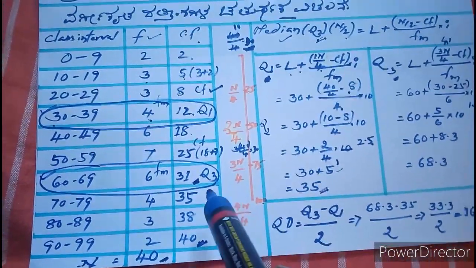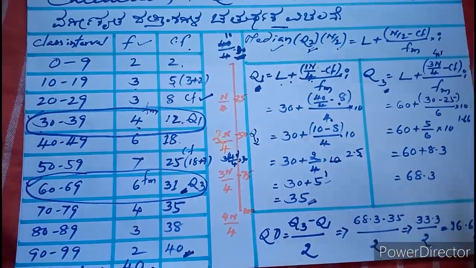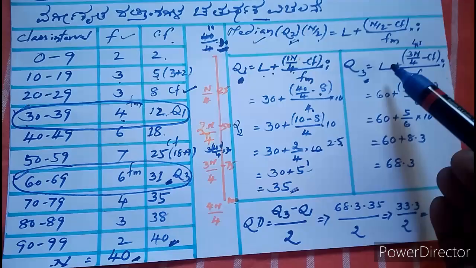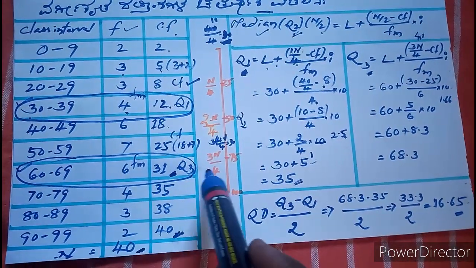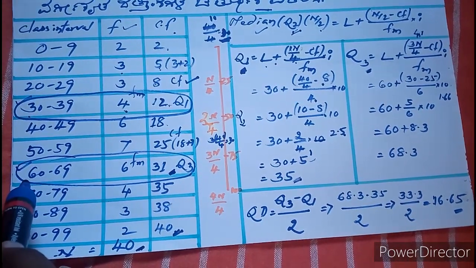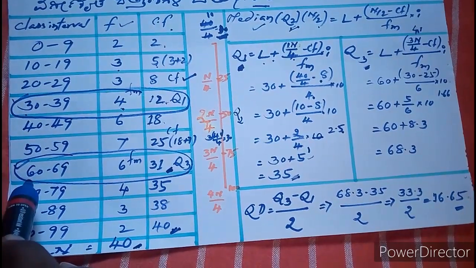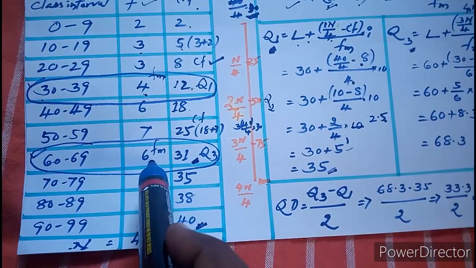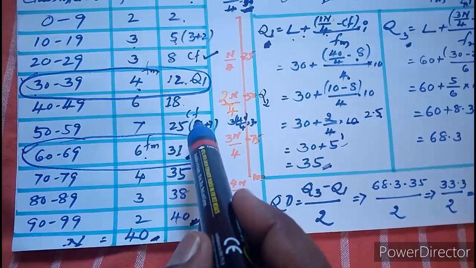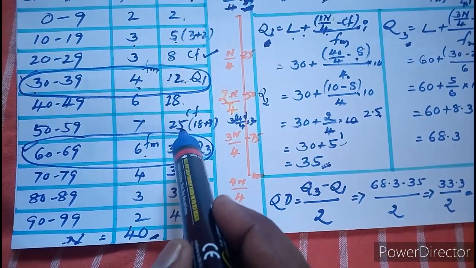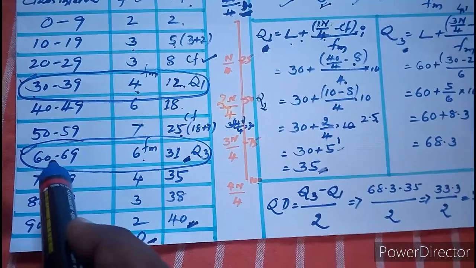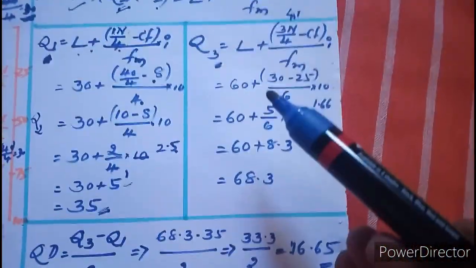Once you find the quartile 3 class, you find the other values, that is Cf, Fm, I and L. L of the Q3 class is 60, Fm is its frequency 6, Cf above where Q3 lies is 25, and I is again the width, 10. So now you put the values here.